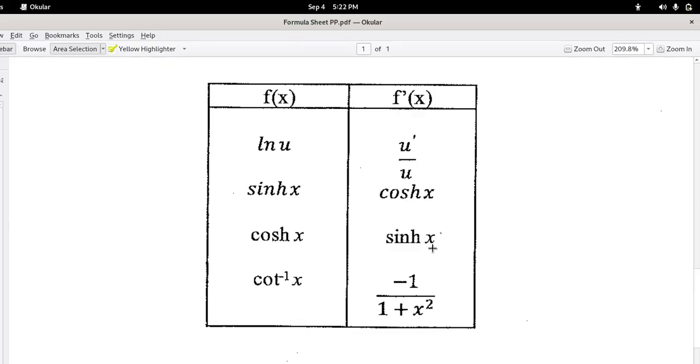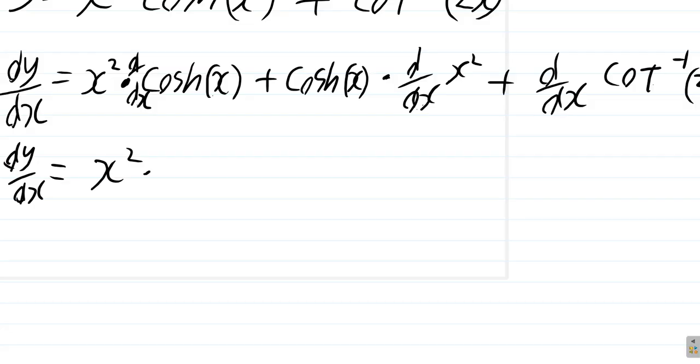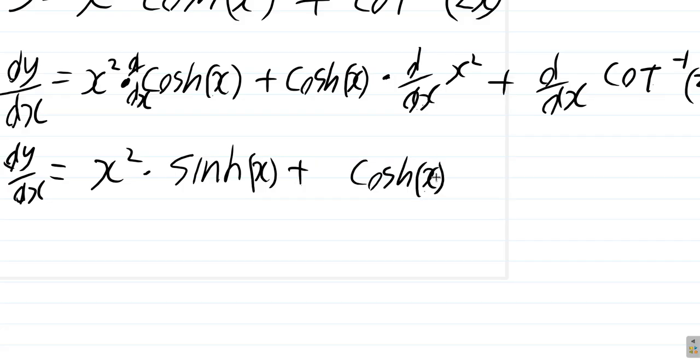Alright? So cosh x differentiated is sinh x. So this is sinh x plus, you hold cosh x as it is times the derivative of x squared, which is 2x. You could put the 2x in front here. Okay?